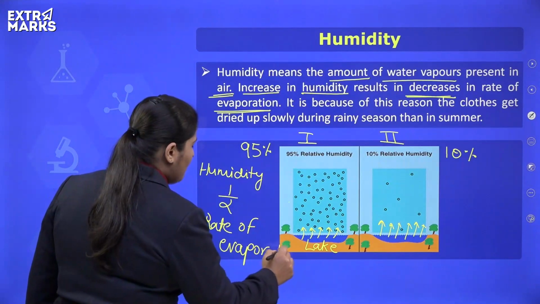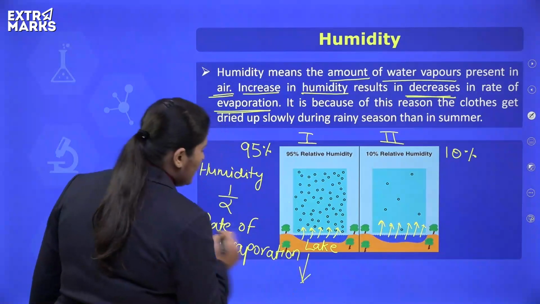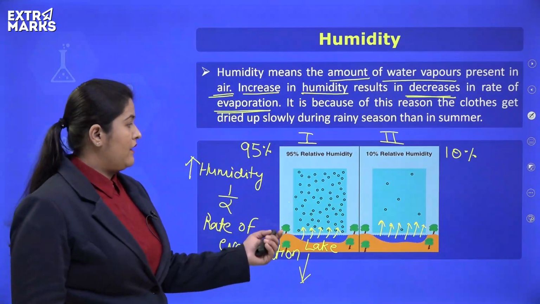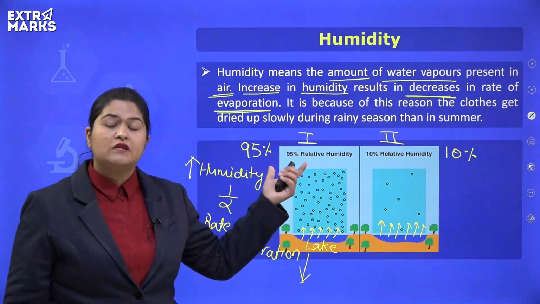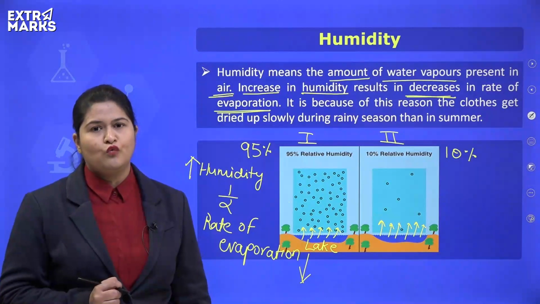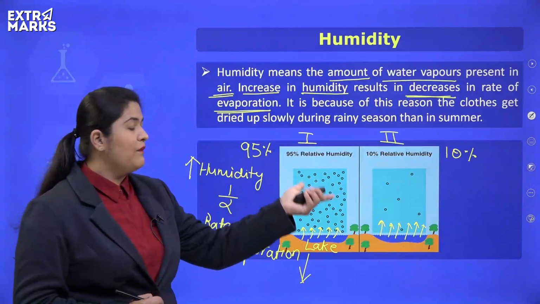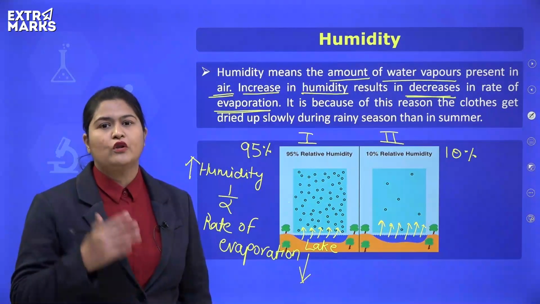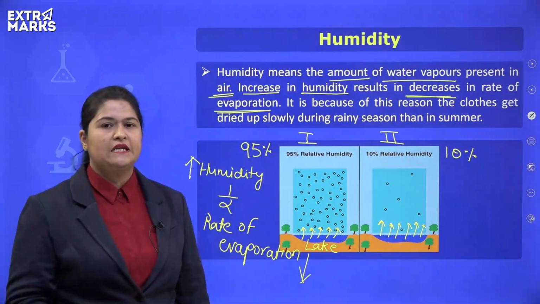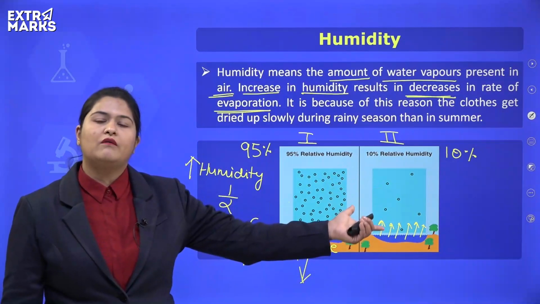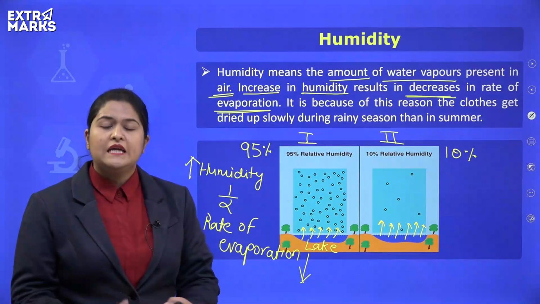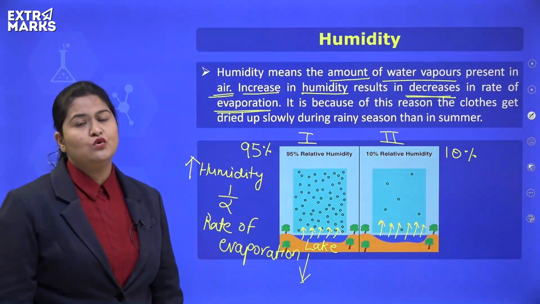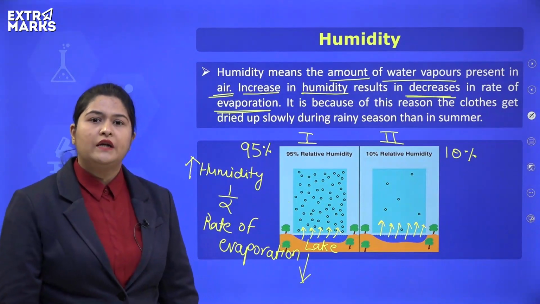The speed at which evaporation takes place decreases with increase in the amount of water vapor in the surrounding air, because the air has only a limited capacity to hold water vapors, and if the water vapors are already present in high concentration in air, it becomes difficult for more water vapors to enter inside it. But whenever the amount of water vapors is less, the evaporation is easy and fast. So this is how humidity is related to the speed at which evaporation takes place.